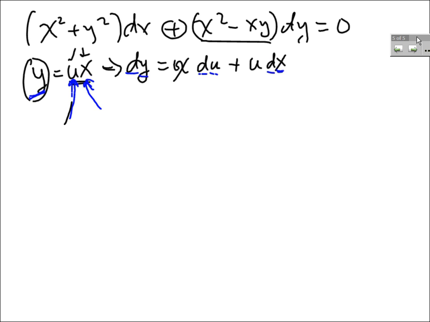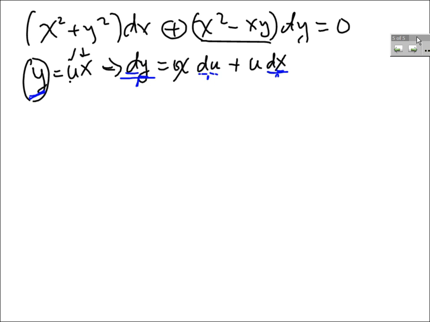Plus, now you just take u, you multiply it by the differential of x. It used to be derivative, now we call it differential. The only difference is we don't write dx. That's the only difference.